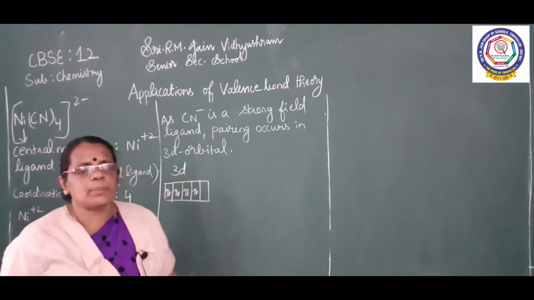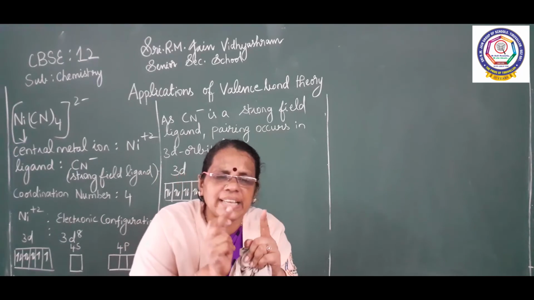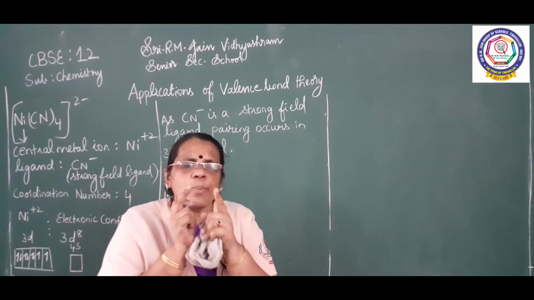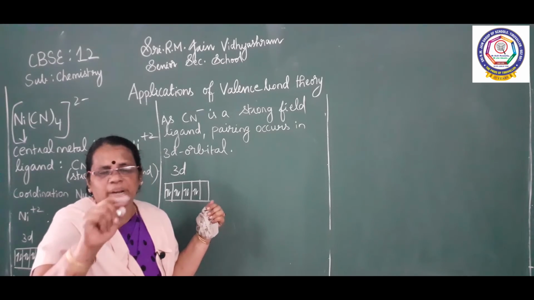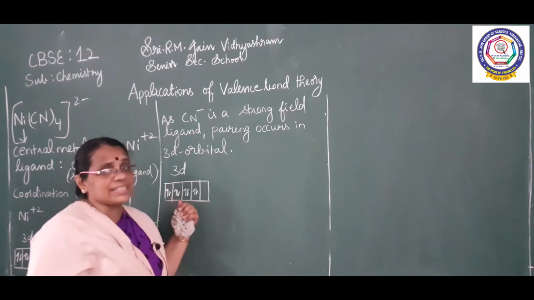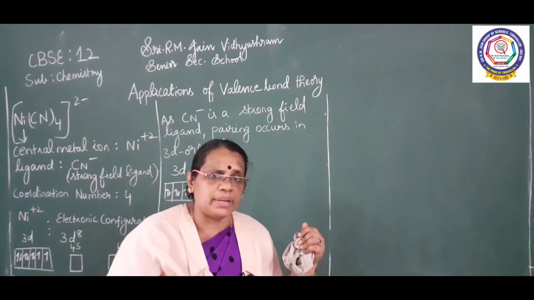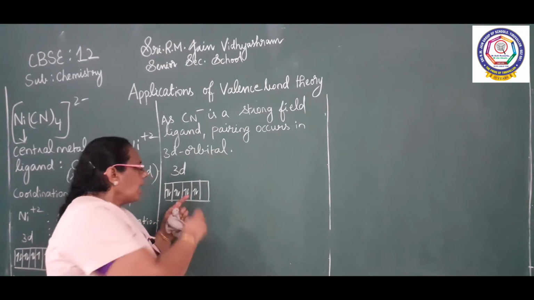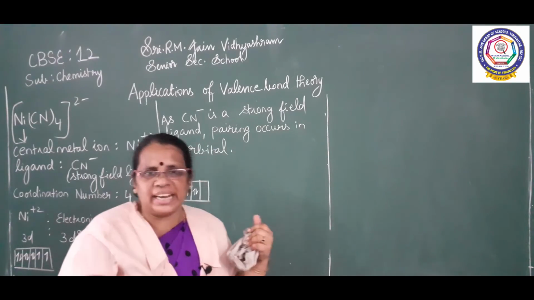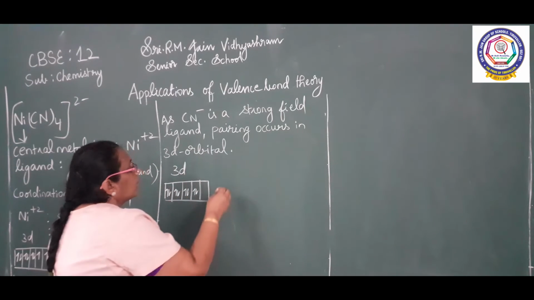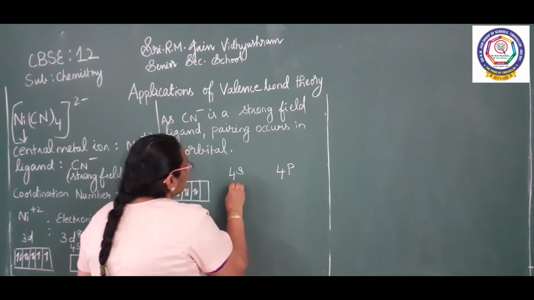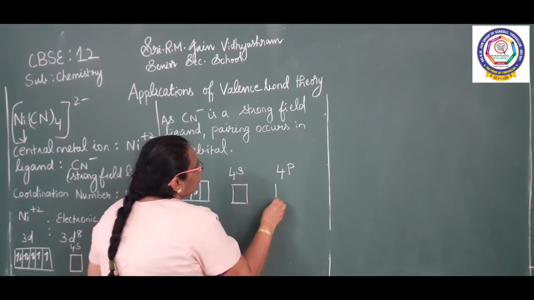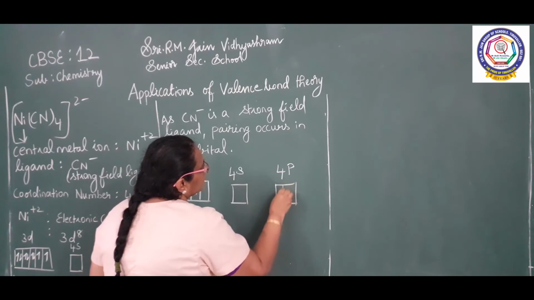See the 3d orbital now, the electrons are getting paired here. How many empty orbitals are available in 3d? There is only one empty orbital. How many orbitals do I need? 4 vacant orbitals. Out of 4, I can take 1 from 3d, and I can get 4s and 4p. 4s will be 1, 4p will be 3.